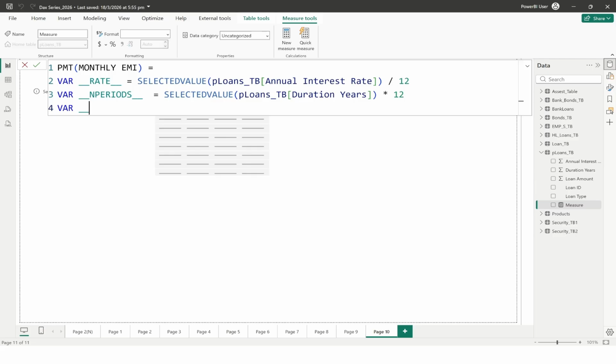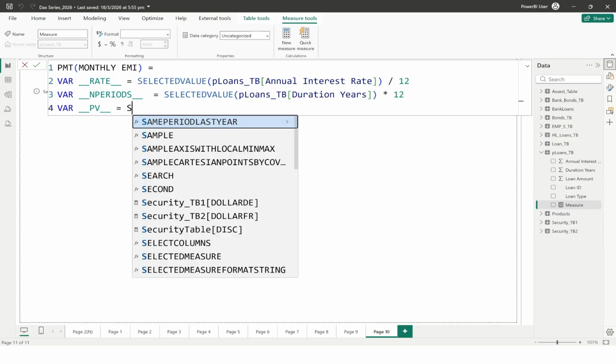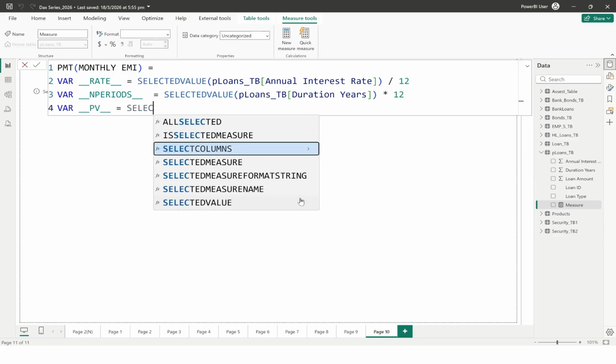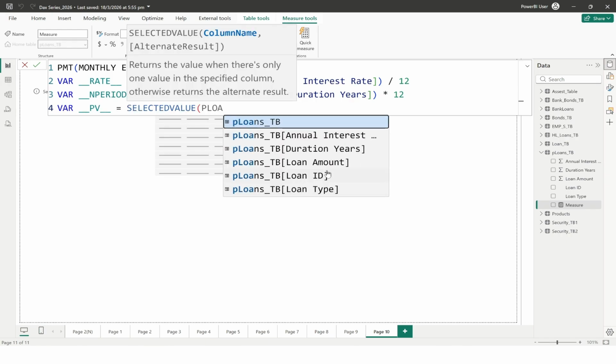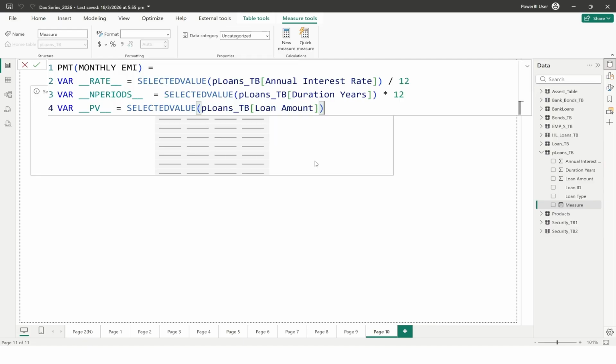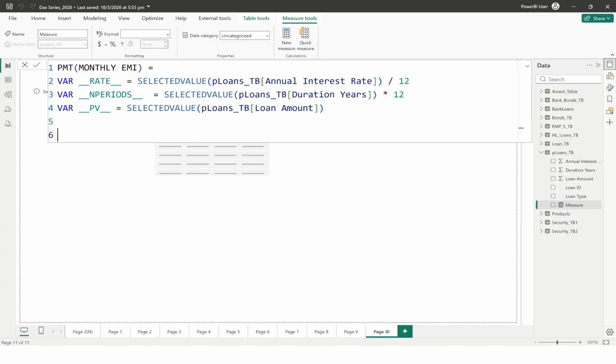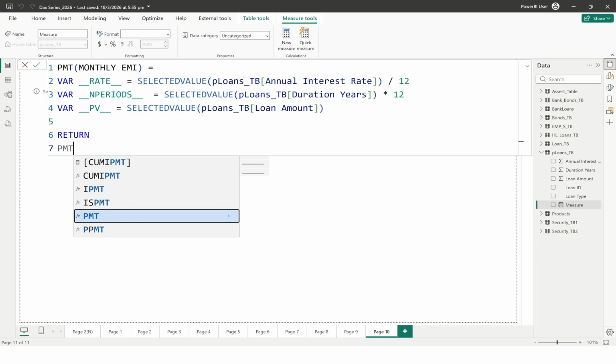Okay, fine. Now the last variable is present value. So PV, selected value of P loans. From the P loans table you need to take the present value, which is nothing but loan amount. Okay, now we created all the variables. Now let's return the function. Return, let's take PMT.